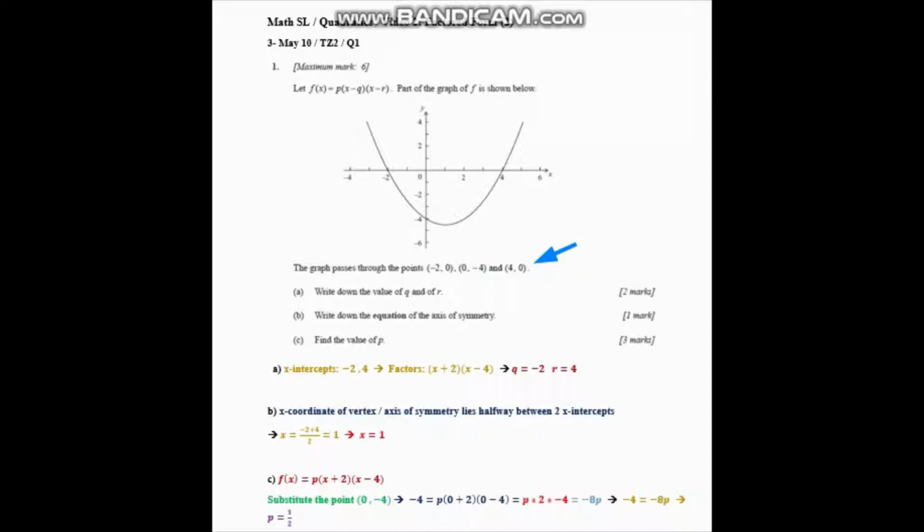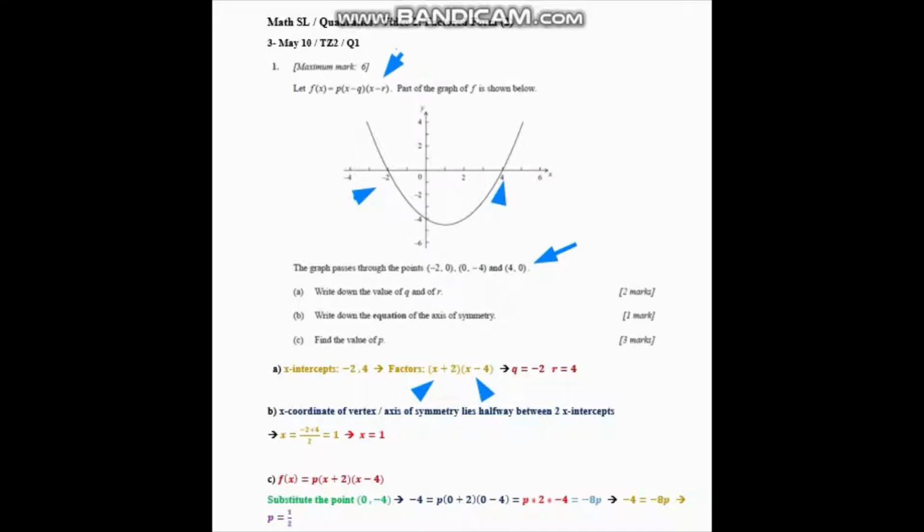So knowing that the x-intercepts are -2 and 4, we should deduce that the factors are x minus -2 and x minus 4. Of course, x minus -2 is just x plus 2. So since these are the factors, I can compare this expression to this expression right there.